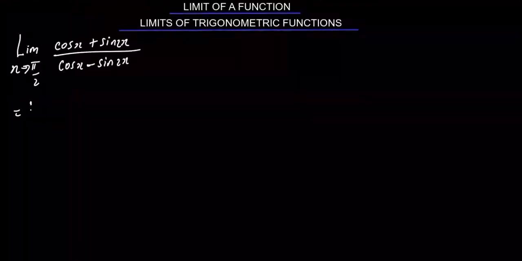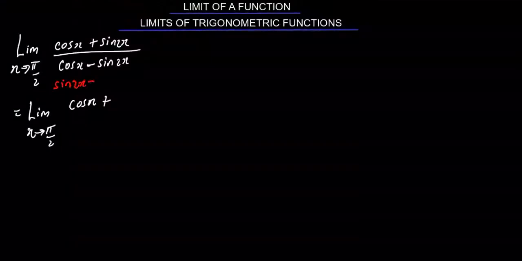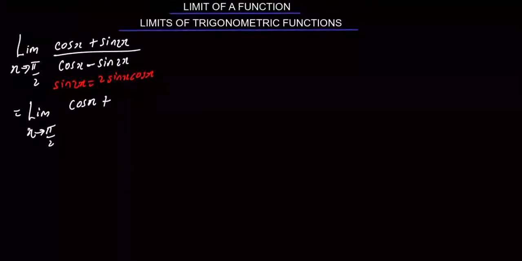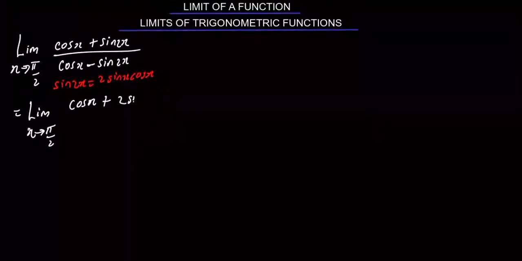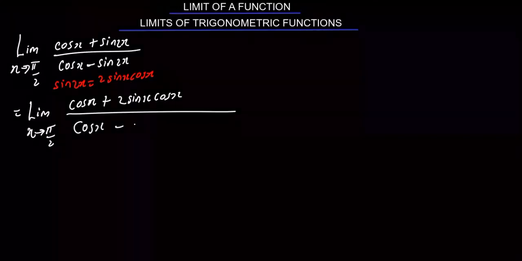So I'll solve this by saying the limit as x tends to pi over 2. You will notice that sine 2x, recall, is equal to 2 sine x cos x. So I'll have 2 sine x cos x all over cos x minus 2 sine x cos x.